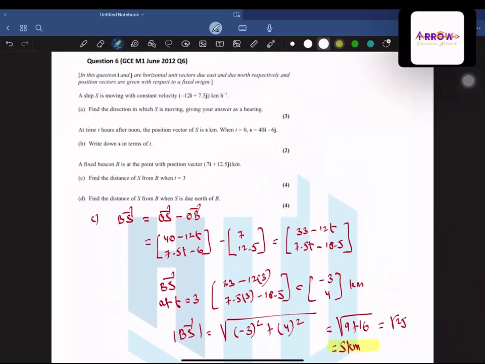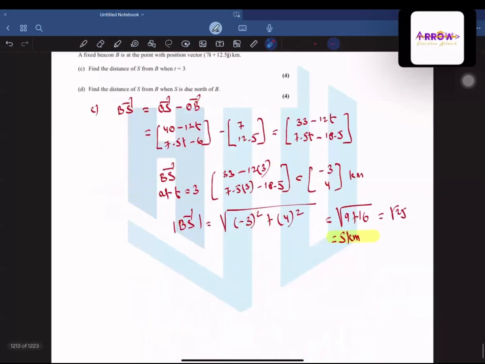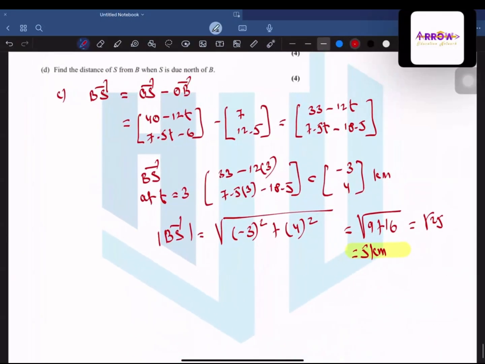Part D is saying to find the distance of the ship S from B when S is due north of B. The thing is that the ship is due north of point B, and as you know, point B is a fixed point, and the ship is due north of point B, meaning the ship is vertically upwards from point B. So for that purpose I am going to solve this part D over here.